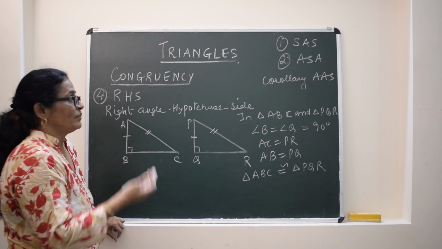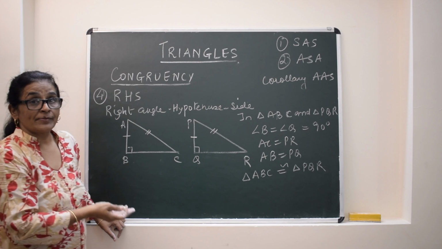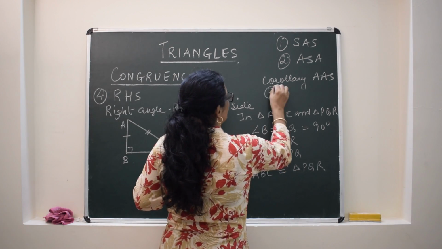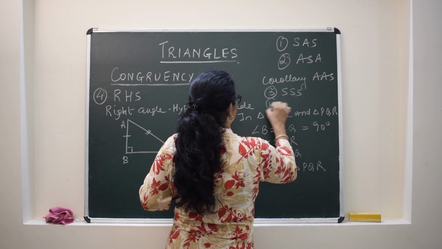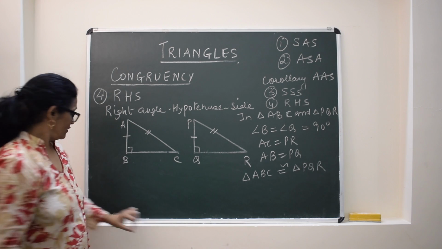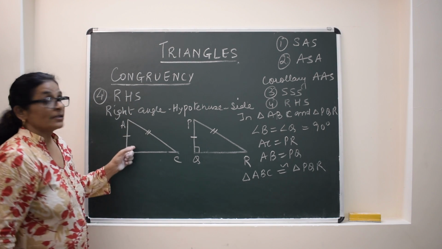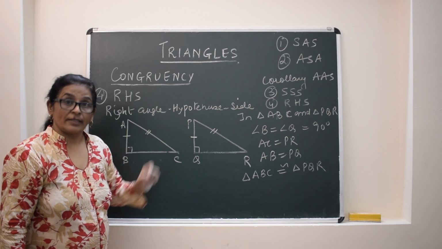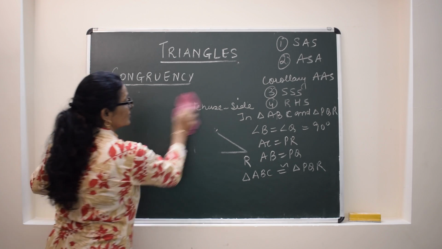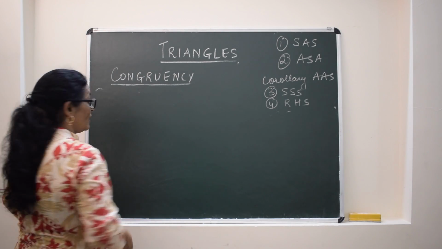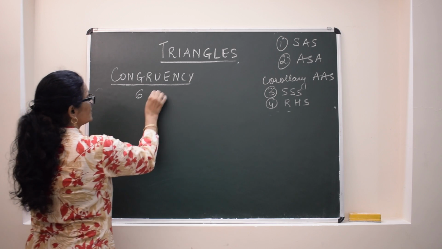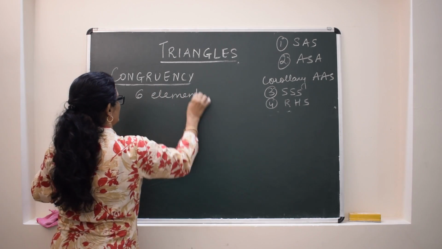When I said that by applying these axioms or theorems the triangles are congruent, third we have seen SSS and this is RHS. If we observe the triangles which are congruent, we are discussing how many parts. We will concentrate on that first. We are discussing 3 elements. Now, how many elements we have got? 6.